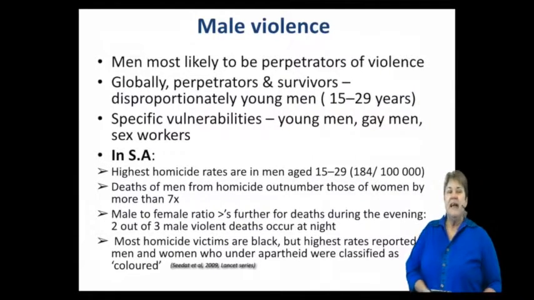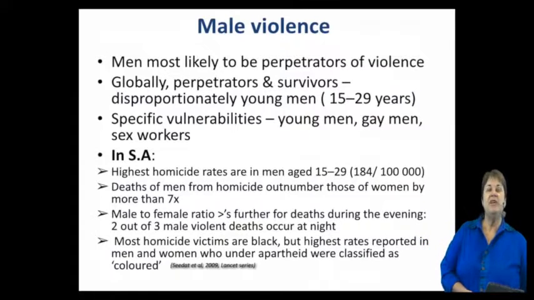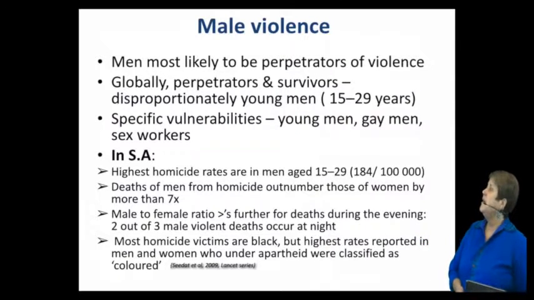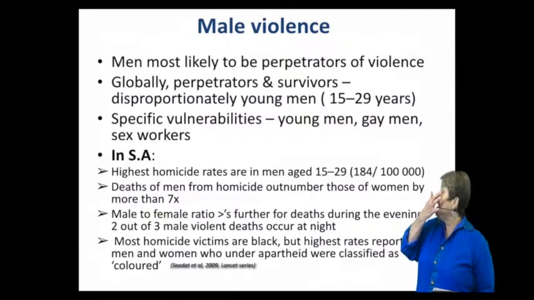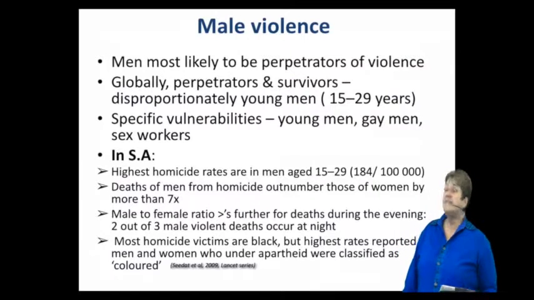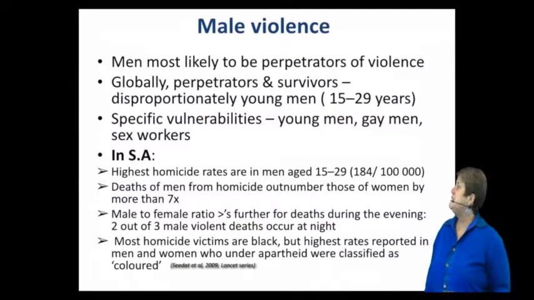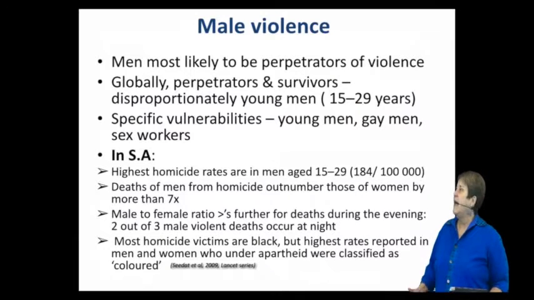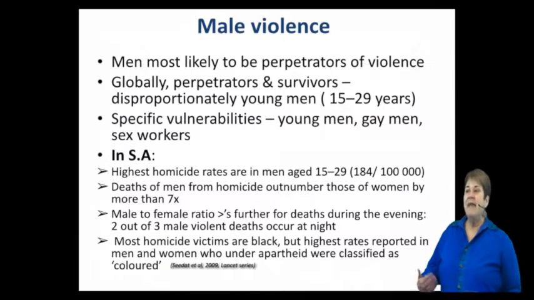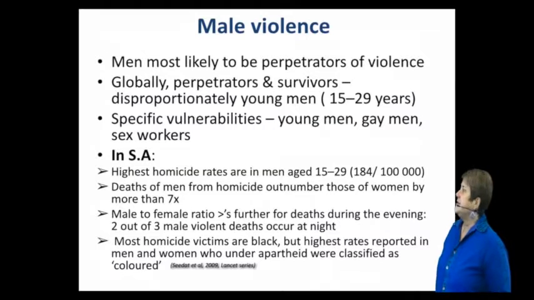In South Africa, although the most common form of gender-based violence is against women, if you look at homicide rates, people who die, the highest homicide rates are in that same age group, men aged 15 to 21 years. And it's very high, again, sort of epidemic proportions. We've got a real problem with young men dying because of violence.